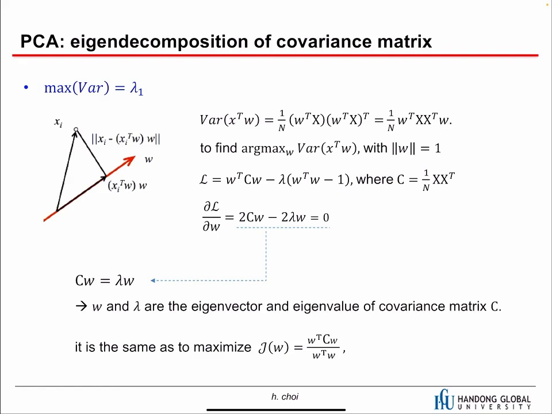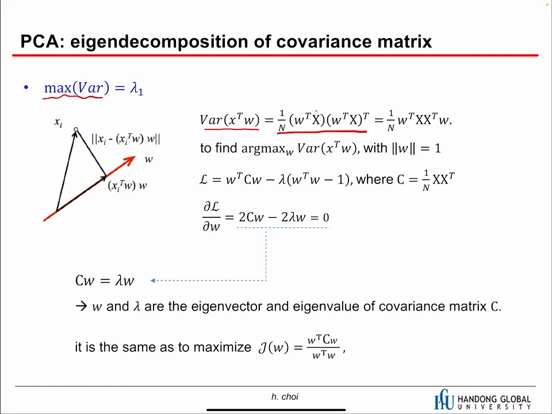Okay, now on this slide, we're going to derive this maximal preserved variance into an eigendecomposition problem. So it says finding the maximal preserved variance is finding the largest eigenvalue and eigenvector. This variance can be rewritten like this. Instead of using summation, we have a matrix notation here.